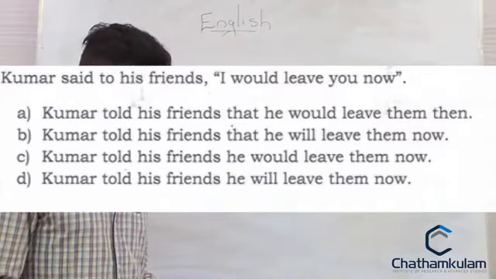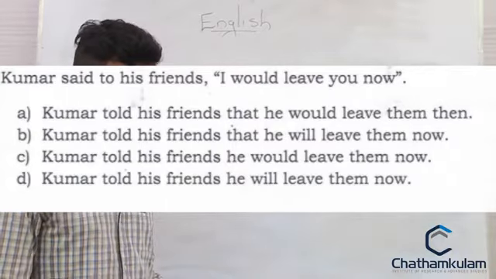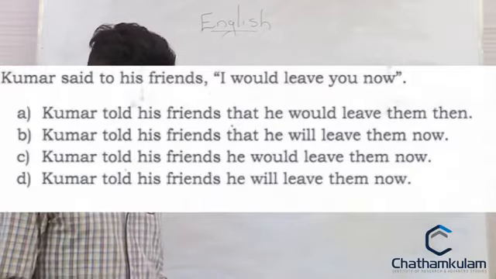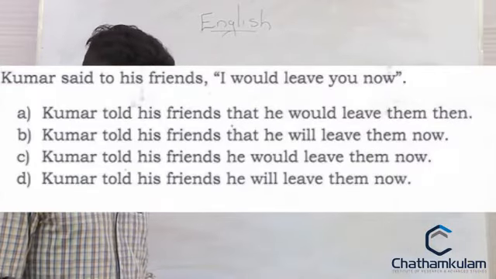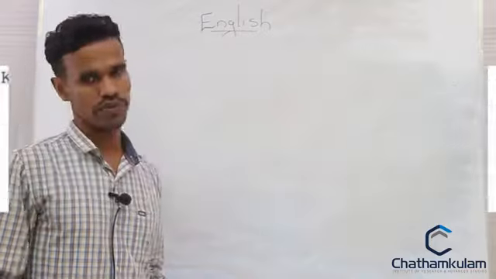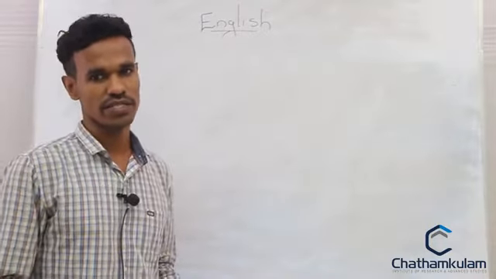Next option is Kumar told his friends that he will leave them now. Third option, Kumar told his friends he would leave them now. Fourth option, Kumar told his friends he will leave them now. So which one do you think is the most appropriate or the right answer for the question?